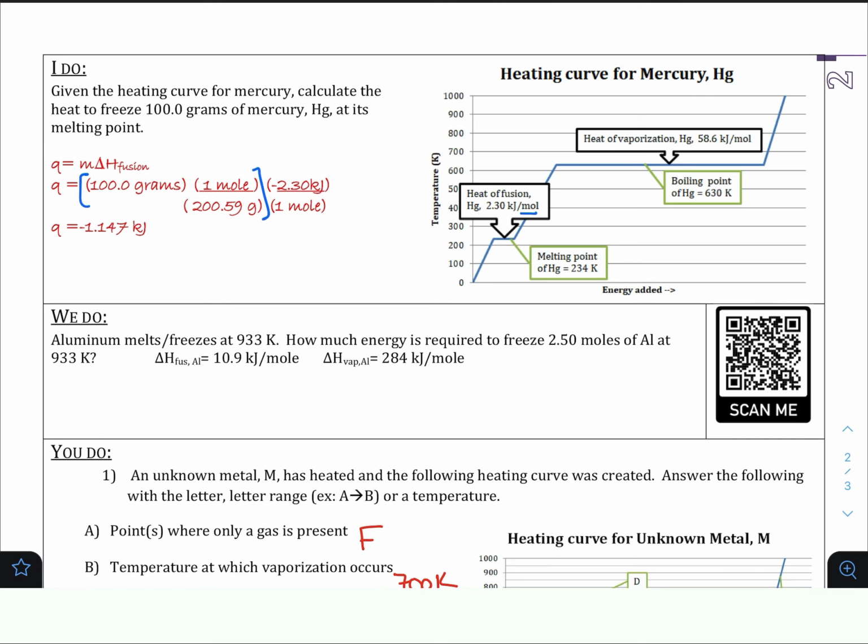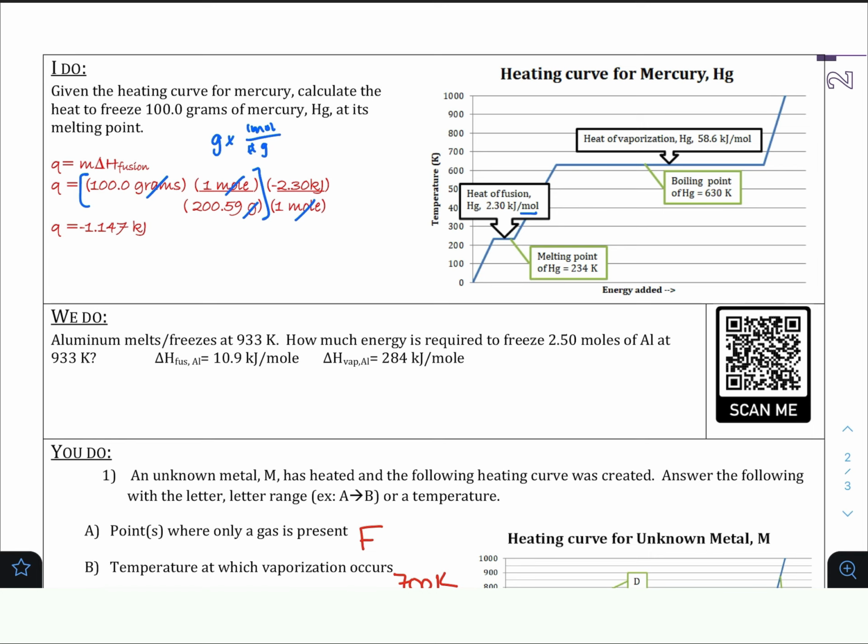And again, how do we do it? We multiply our grams by our molar mass, in the units of 1 mole per some number of grams. Then from there, we take our delta heat of fusion and multiply, because grams will cancel with grams, moles will cancel with moles, and we're left with kilojoules.